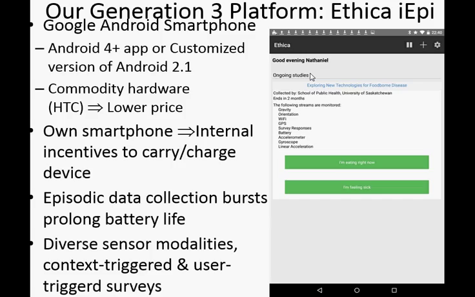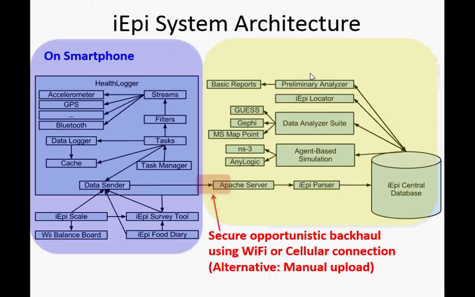In our case, it's a distributed system, so you have an on-smartphone app, which sends data up to servers, which can then process it, including with agent-based simulation tools like AnyLogic, that can be used for simulating scenarios that have been parameterized by data from the smartphone.